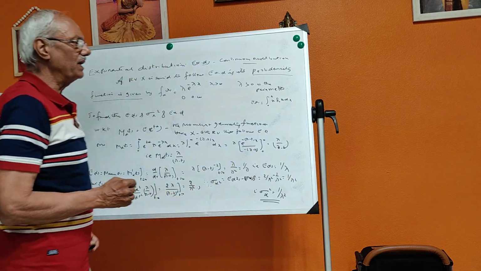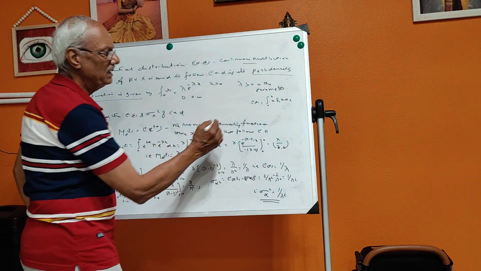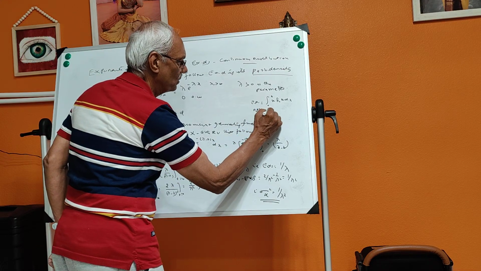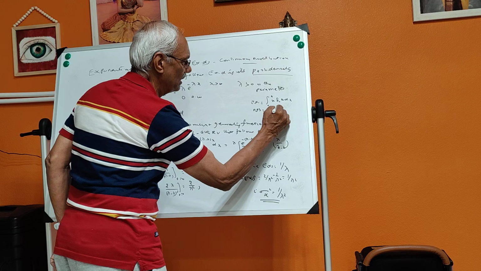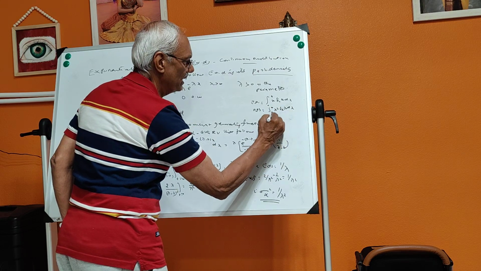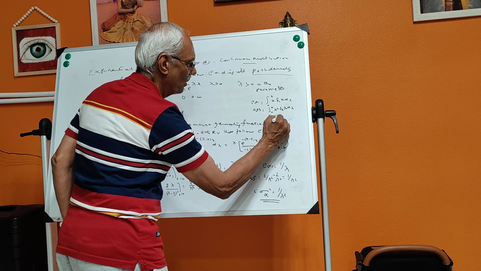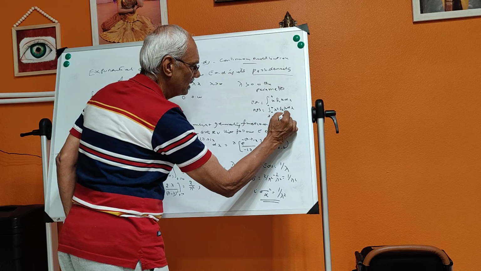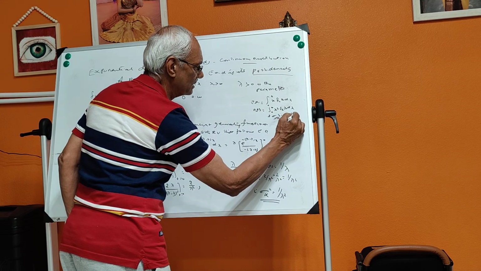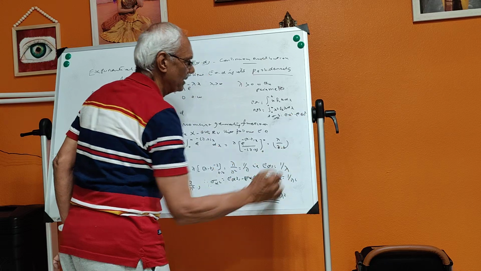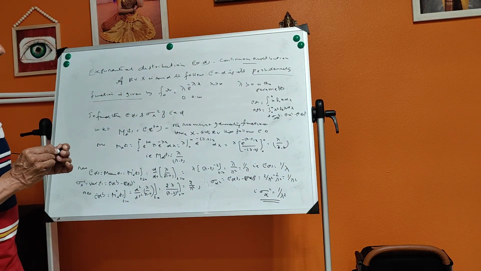And likewise you can find E[X squared], which is the integral from 0 to infinity of x squared f_X(x) dx, and sigma_X squared is equal to E[X squared] minus E[X] whole square.